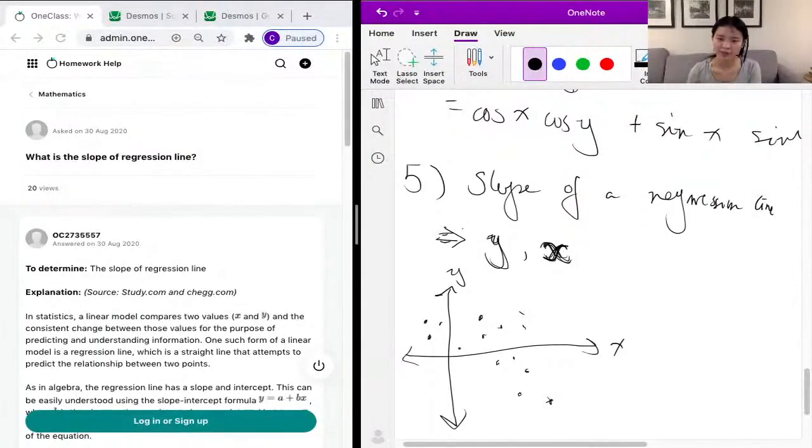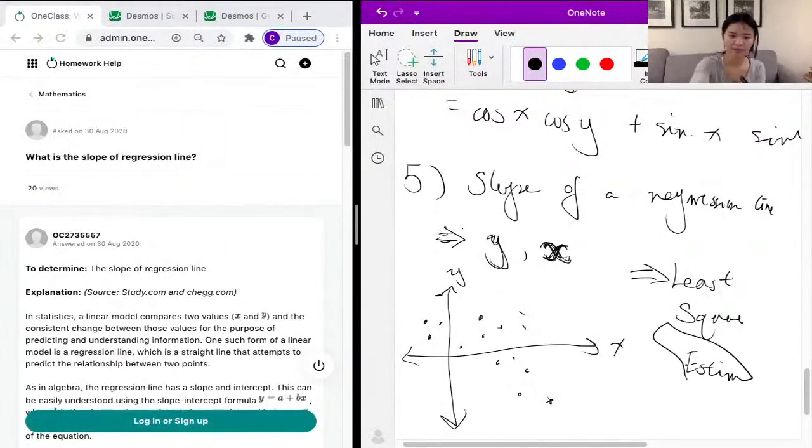What we're trying to do is use the least square estimation, or the least square method.